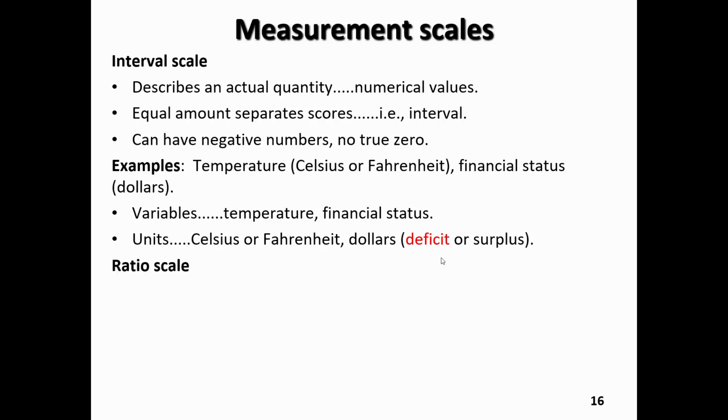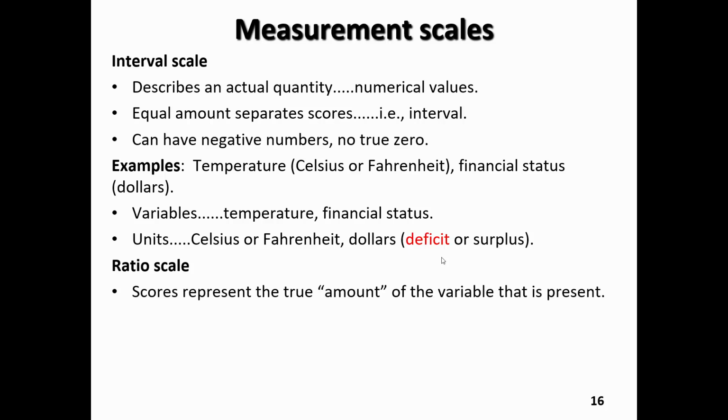The highest scale, one scale up from interval, is the ratio scale. And much like the interval scale, the ratio scale also represents the amount of the variable that is present, but the amount is scaled to a true 0. So the major difference between a ratio scale and an interval scale is the reference of the 0.